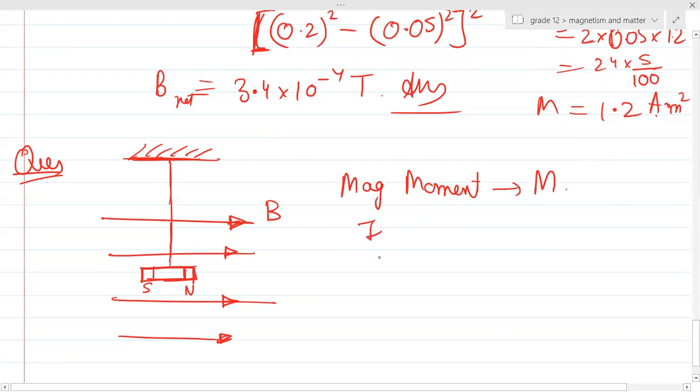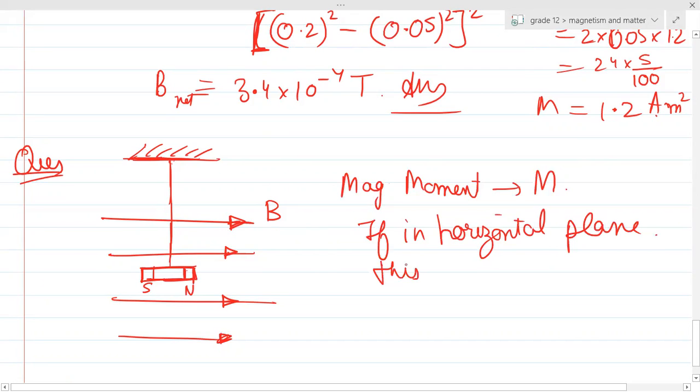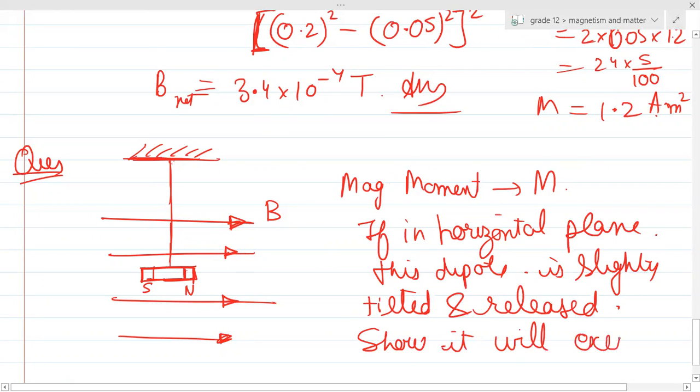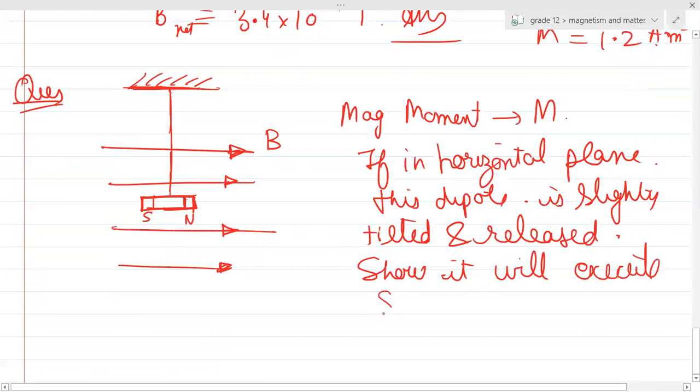If in a horizontal plane this dipole is slightly tilted and released, then show that it will execute simple harmonic motion.